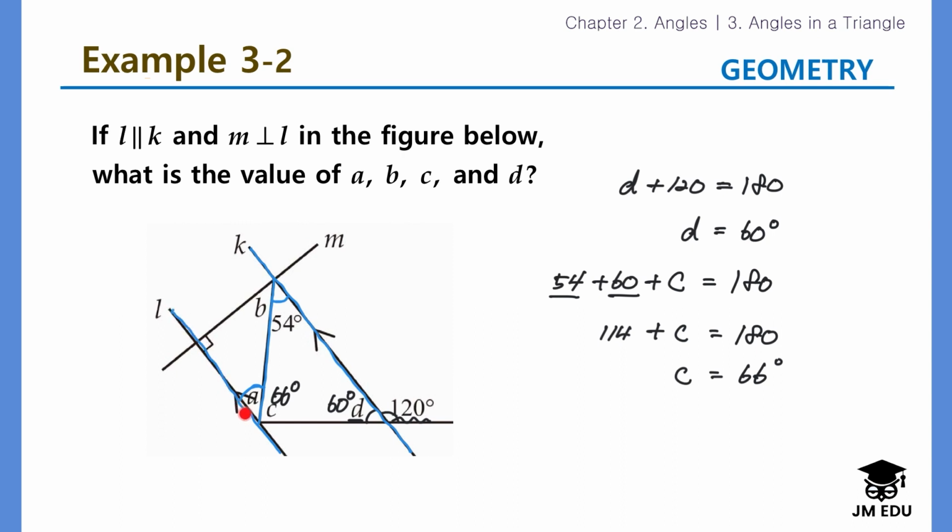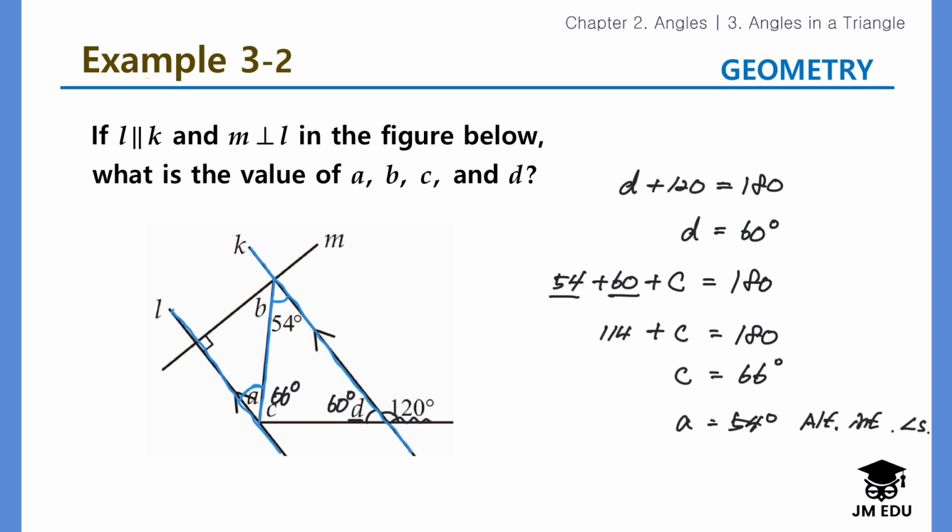So A must be equal to 54, because those are alternate interior angles, right?